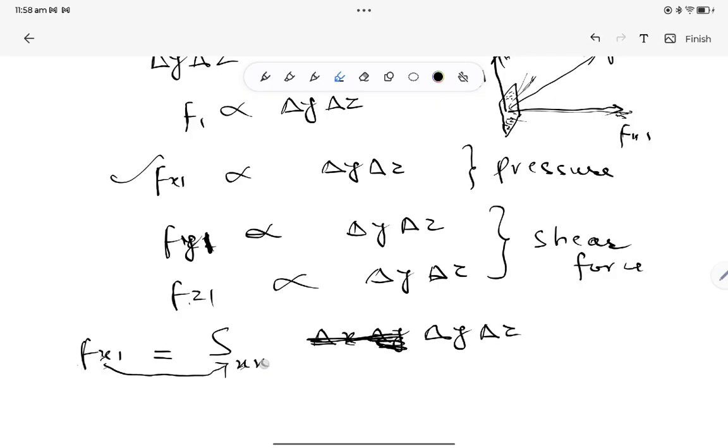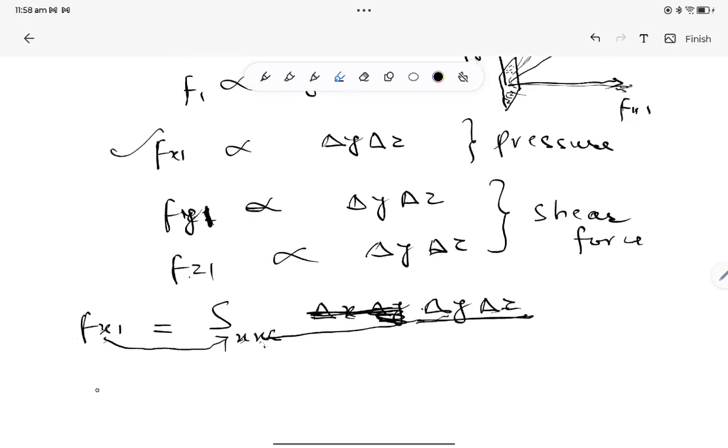What about the second x? The second x tells you that this area is normal to the x-axis. So this gives the direction of the area, and this gives the direction of the x component.